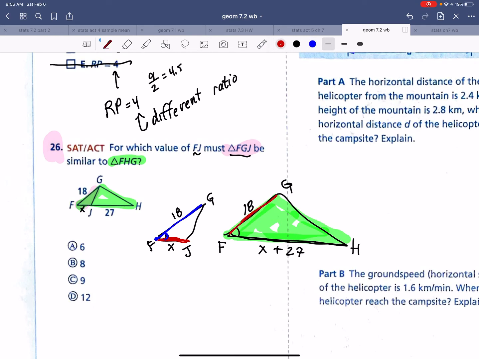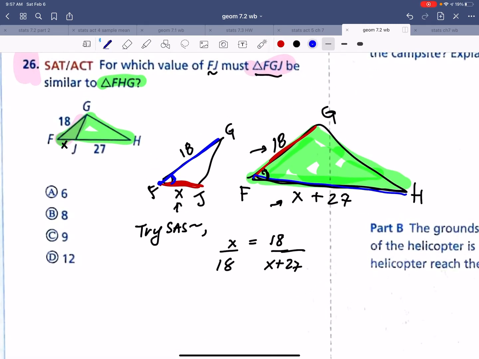This is my small side, and this is my long side, and I have a matching angle in between. So I can set up for side angle side similarity, ordering these sides least to greatest, small side and long side.